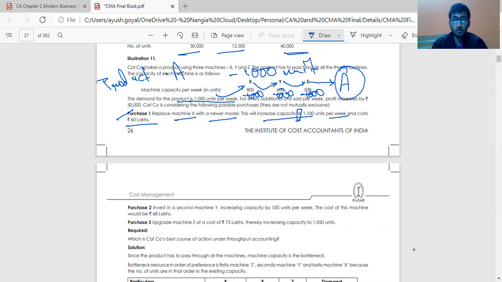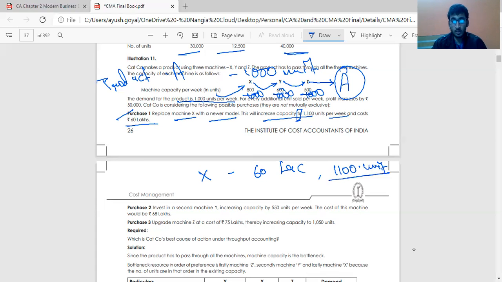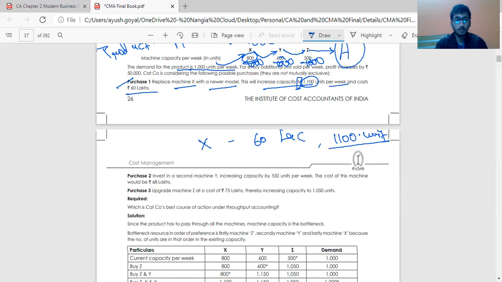So suppose for machine X, if I spend 60 lakh, I'll be able to get 1100 units. So this will increase my output by 300 units, since it was earlier 800 units, now I will be able to get 1100. So it will increase by 300 units.